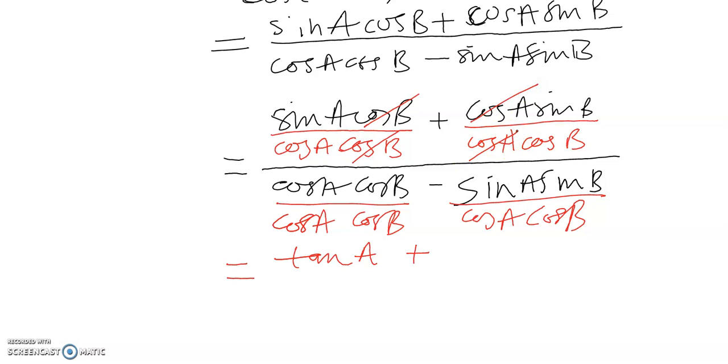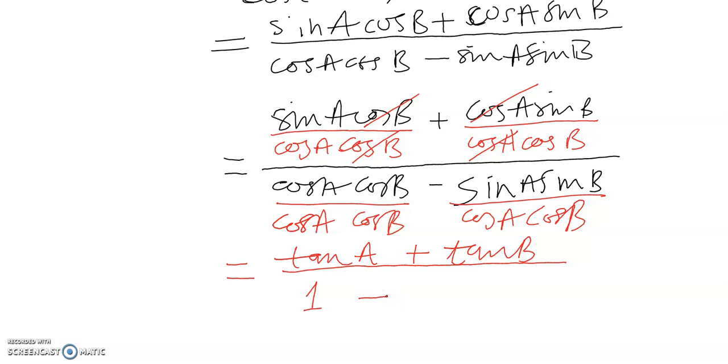We have sin B over cos B, which also gives us tan B. Now we have our division line right underneath it, and cos A cos B over cos A cos B will give us 1. And we have our minus sign underneath here, so we'll bring a minus down.